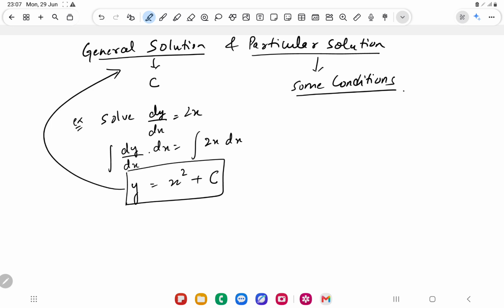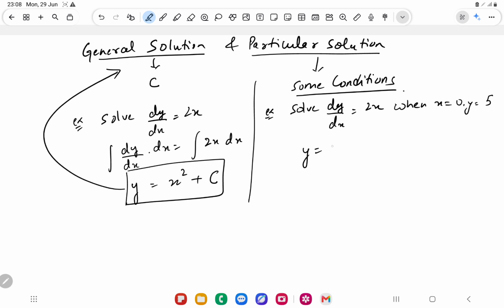Now if we talk about particular solution for the same question, the question will be like: solve dy by dx is equals to 2x, when x is equals to 0 and y is equals to 5. Again on integrating we will get y is equals to x square plus c.